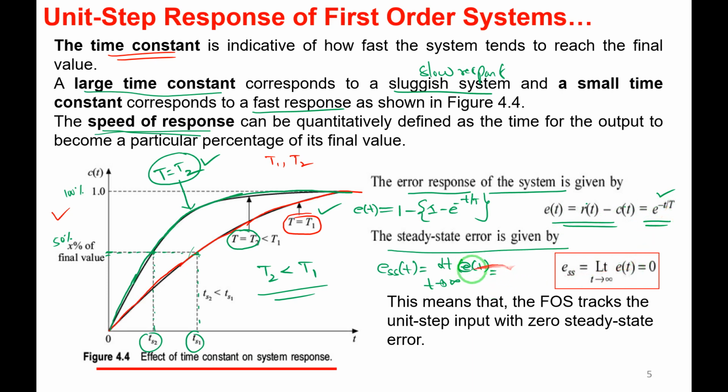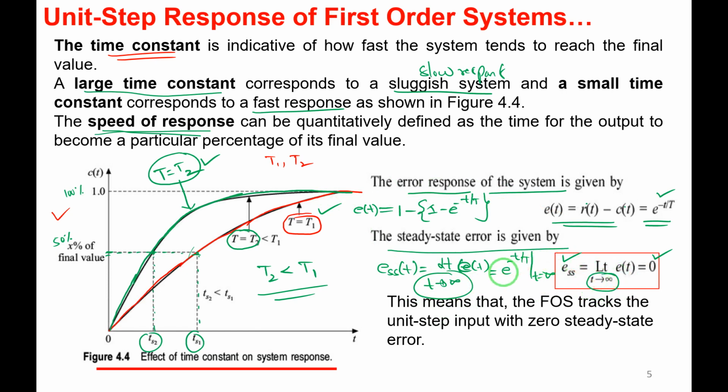So e to the power of minus t by capital T at time t equal to infinity. Substitute infinity here: e to the power of minus infinity, 1 by e to the power of infinity, 1 by infinity, which is 0. So what is the steady state error for a first order system? It is 0. It means the system will achieve the steady state value or final value at time t equal to infinity, right? I hope you understood.